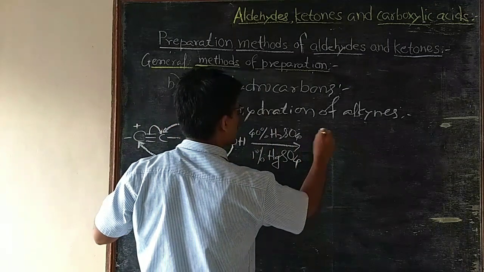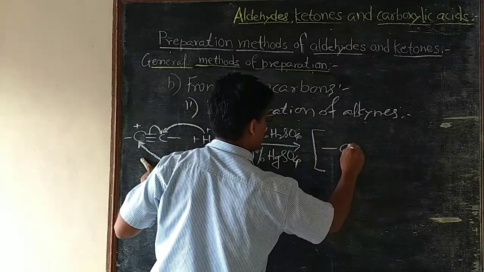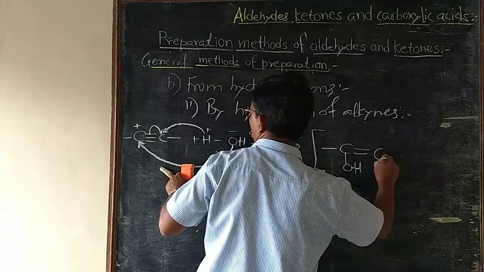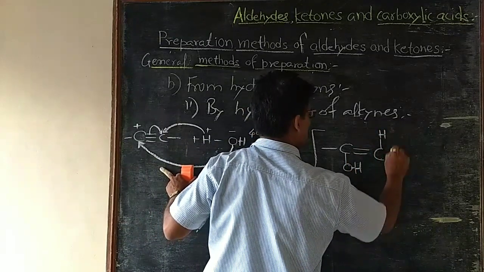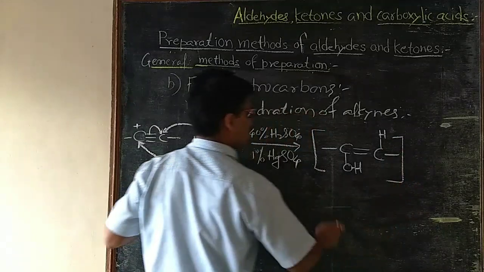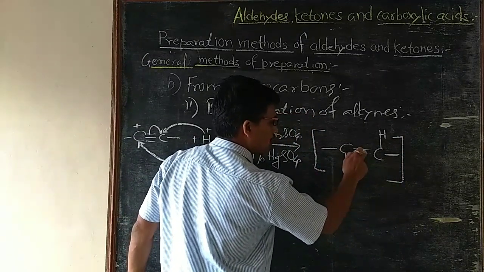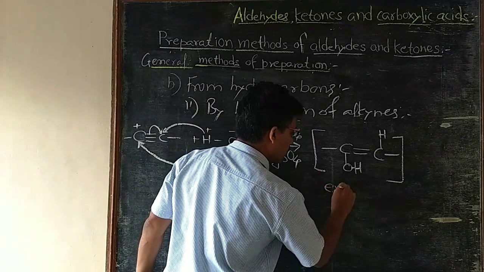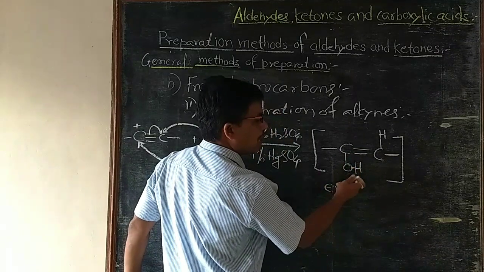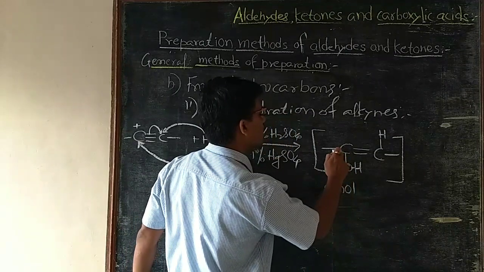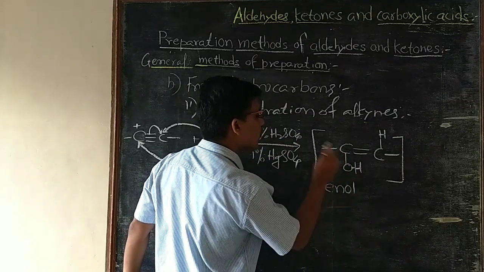double bond and here is hydrogen. This is the addition product. In this case this is an alkene double bond, therefore suffix en, and this is an alcoholic hydroxyl group, therefore suffix ol, therefore this addition product is the enol form.